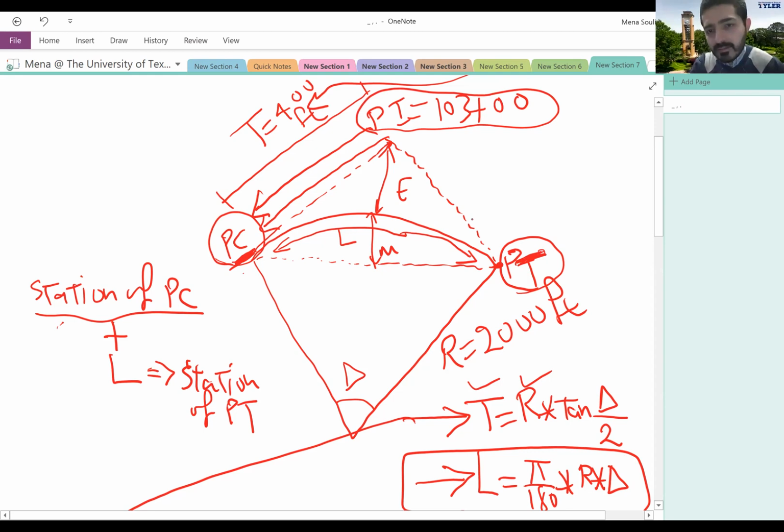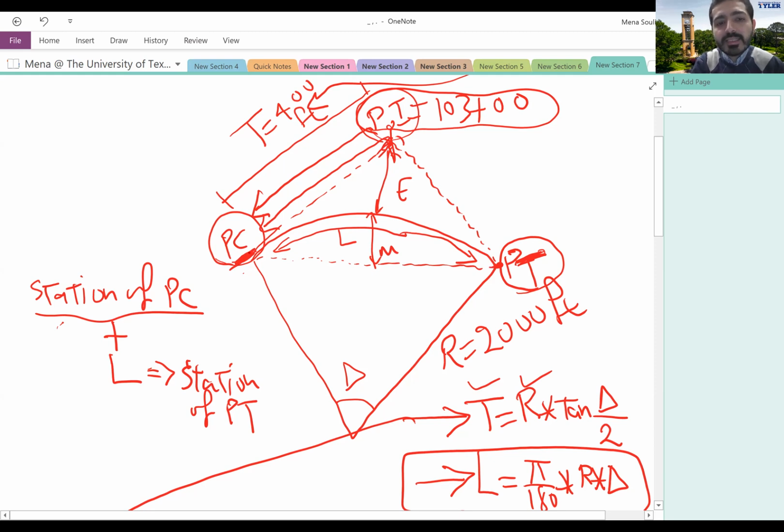Yes, but we need to remind ourselves that the PI is a point that does not exist in the field. Stationing wise, yes, you can have a technician standing there to double check the location of the PC and the PT.